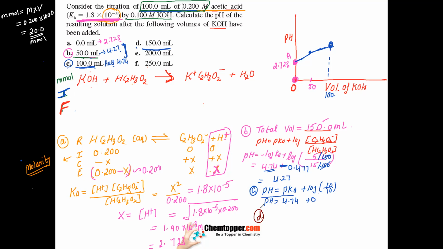Yes, Dhruv. How many millimoles of KOH? Millimoles. Molarity times volume in milliliter. 15. Okay. And how many millimoles of acetic acid? 20. 0. Final. Make the final.